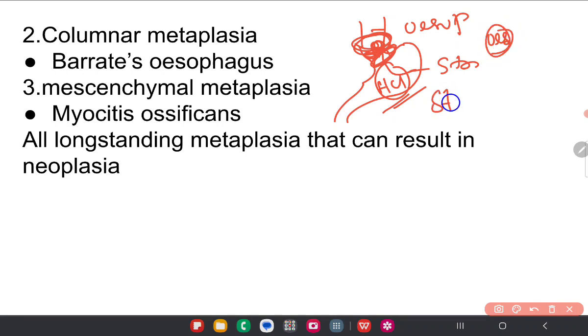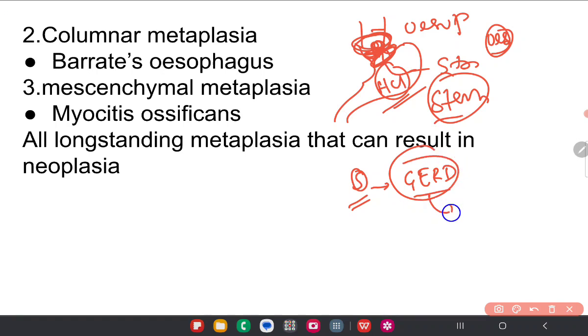Here the stem cells are activated and the cells are converted from squamous epithelium. Generally the gut wall is made up of stratified squamous epithelium, but due to this they are converted into columnar epithelium, which again contributes to GERD. Regurgitation takes place and causes this conversion from squamous epithelium to columnar epithelium.